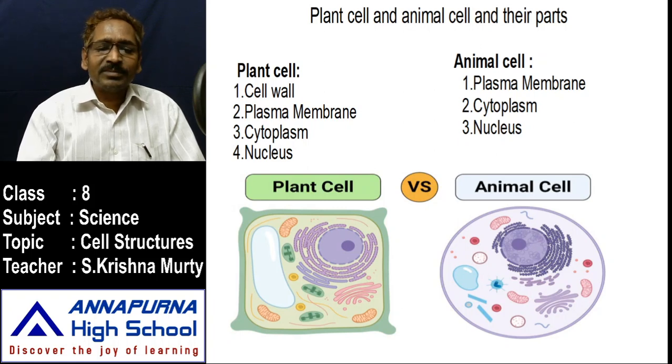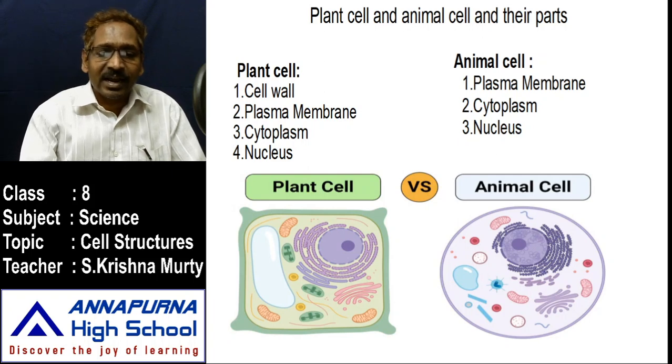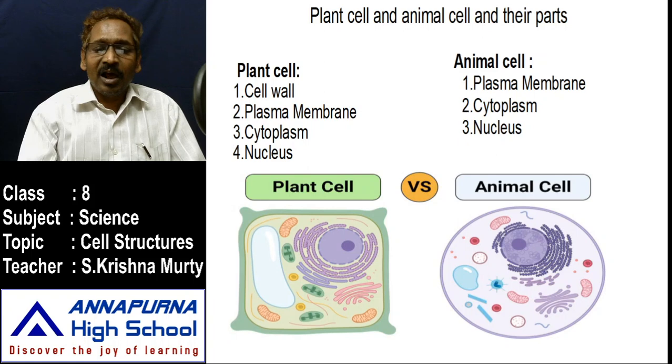The cytoplasm is a set of different kinds of organelles. And innerly, the nucleus is there. While studying the plant cell, I already told about the different functions of the nucleus. In the same way, in the animal cell all those functions are carried out.